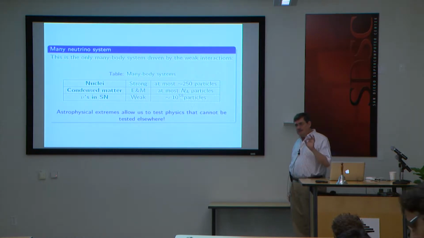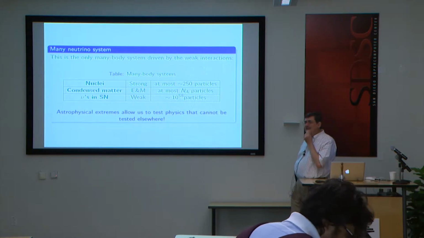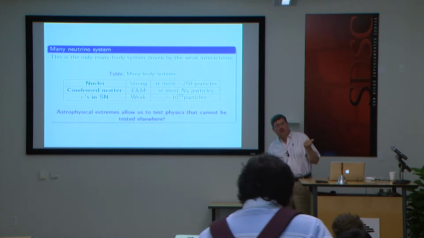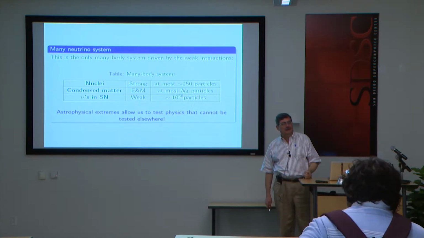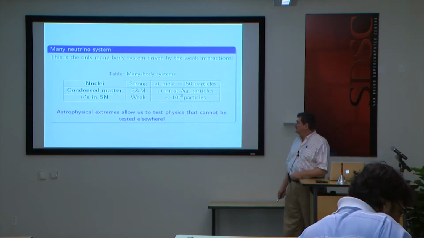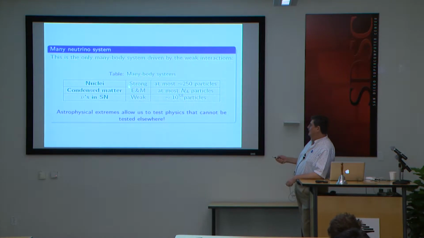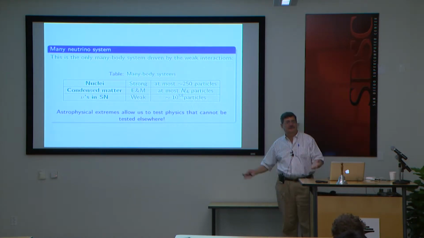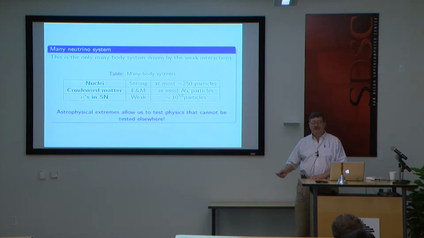Now, I should point out that this is the only many-body system I know that is driven by the weak interactions. If you compare this with the other many-body systems we know, like nuclei, the physics is driven by the strong interactions, but you have at most about 200 particles, lead 208.